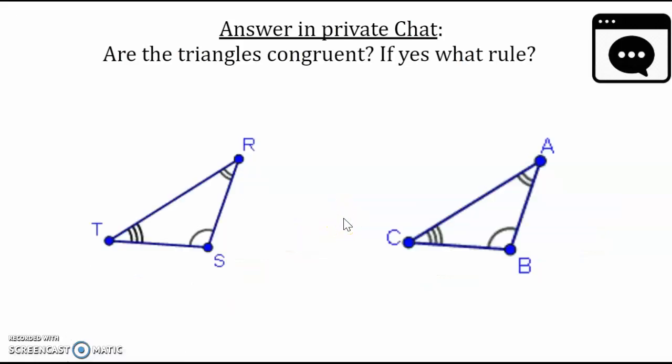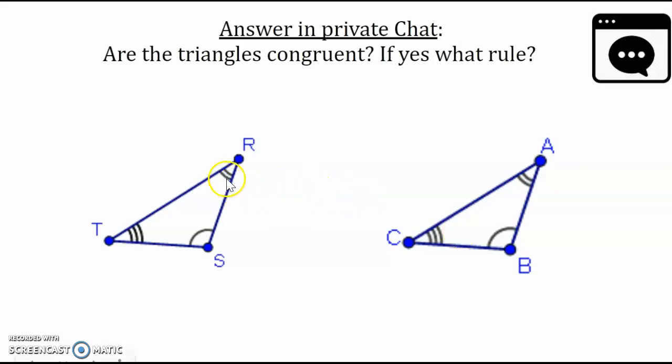What about this? Okay, tell me in the private chat. Do you think these 2 triangles are congruent? Well, what do we have? Well, we're going to use notation. Remember, we spent a lot of time on learning about notation and what that means. When we have same number of arc, that means this angle and this angle, they are exactly same in measure.